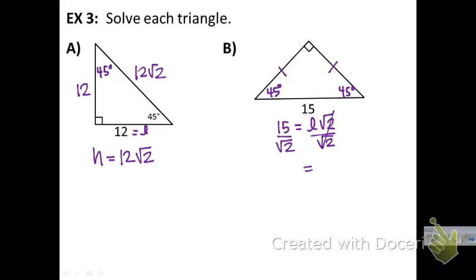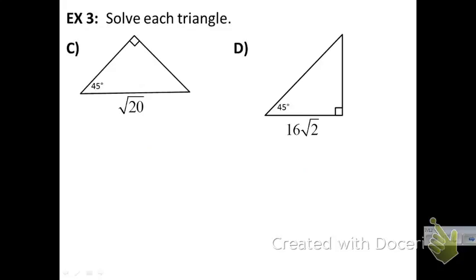Those divide out. And then we also have to rationalize. So we're going to multiply the top and bottom by root 2. So our leg is equal to 15 root 2 over root 2 times root 2 will give you just 2. And then the 15 and 2 don't simplify nicely, so we'll just leave it as that fraction.